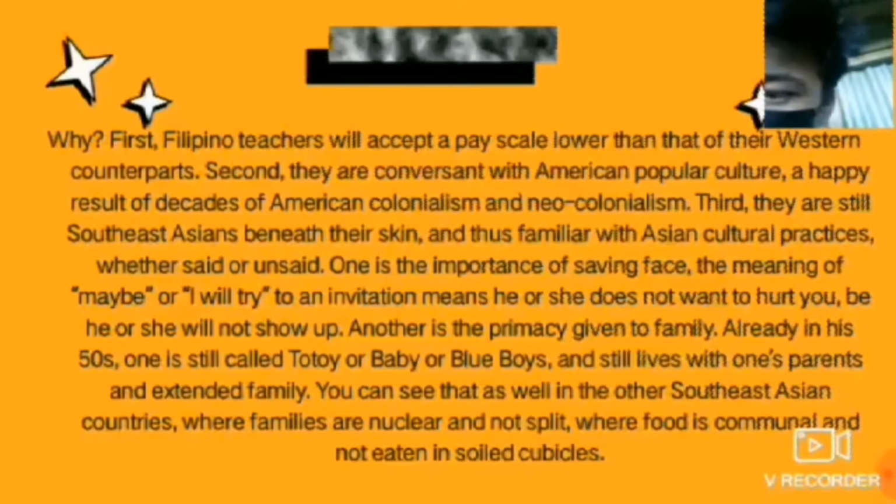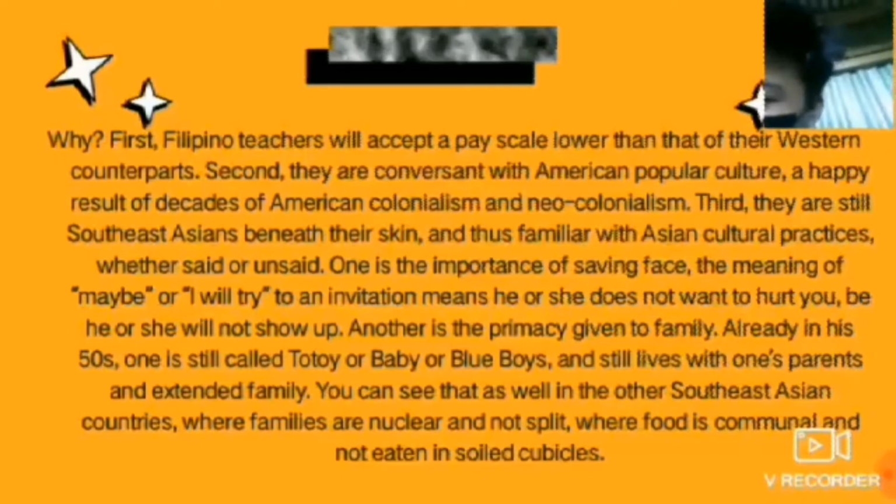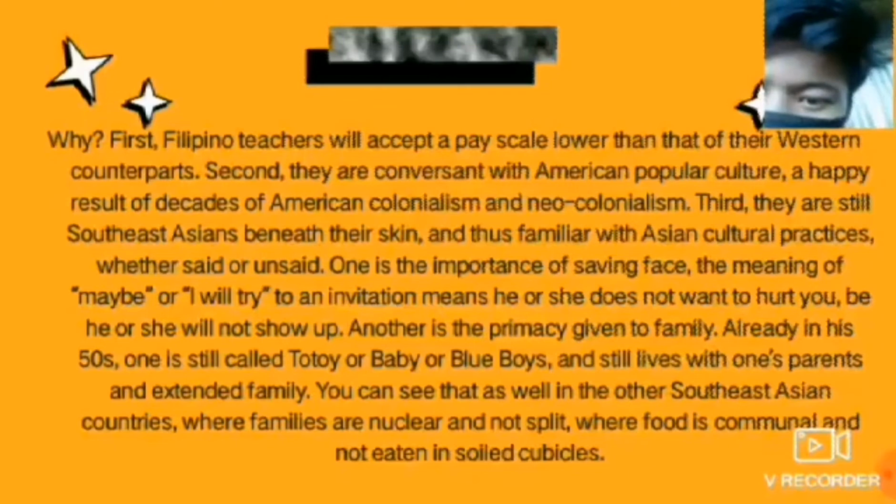He or she will not show up. Another is the primacy given to family. Even in his 50s, one is still called Totoy or Baby or Boy, and still lives with one's parents and extended family.